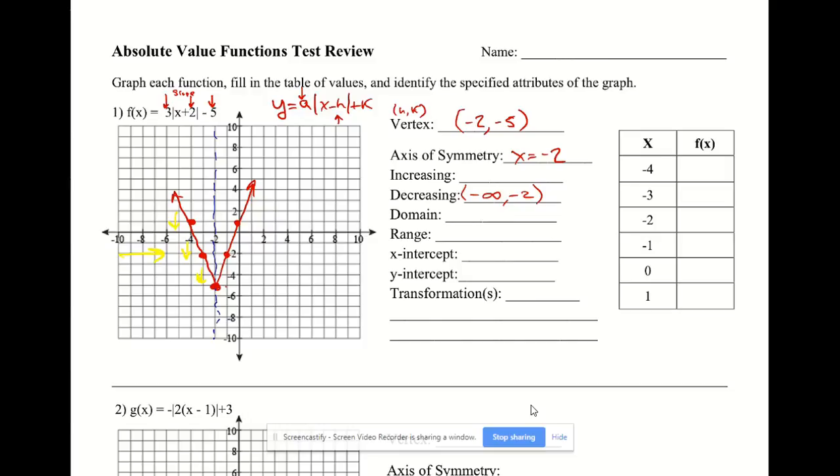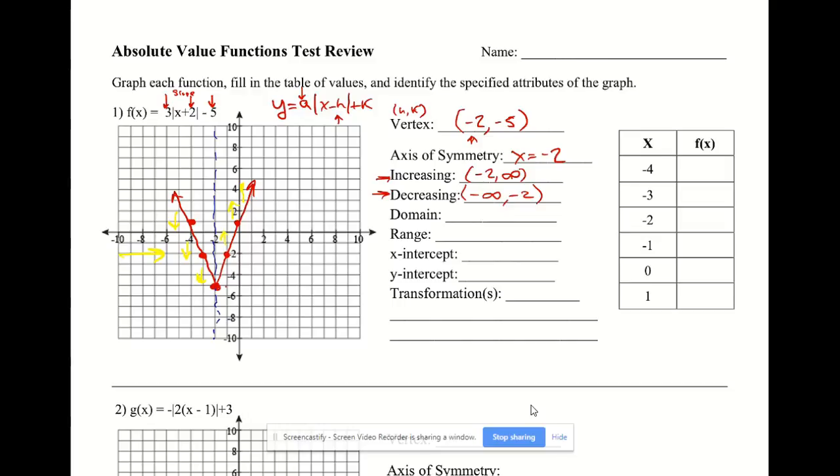Once we hit the vertex, now we start going up in our y values. So our increasing interval is negative 2 to infinity. The x value of our vertex is the transition point where our graph changes direction.